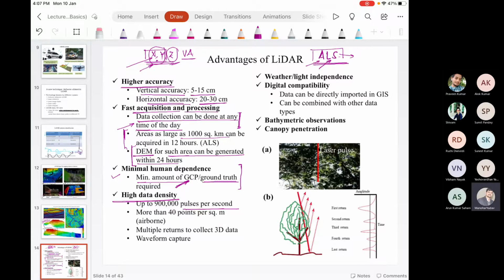So 9 lakh points per second are fired. And in case of airborne, 40 points per square meter. If the data rate is very fast, we can get a point density of up to 40 points per meter square. That can be obtained using airborne laser scanning.